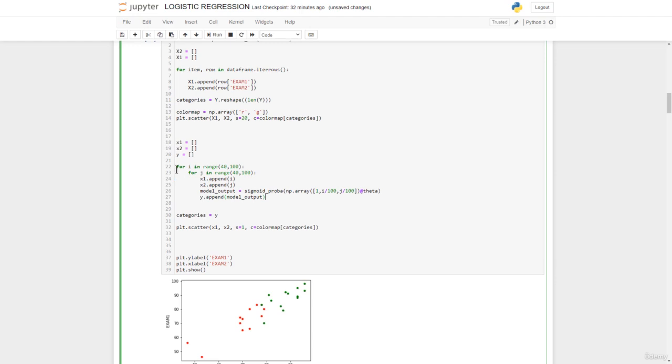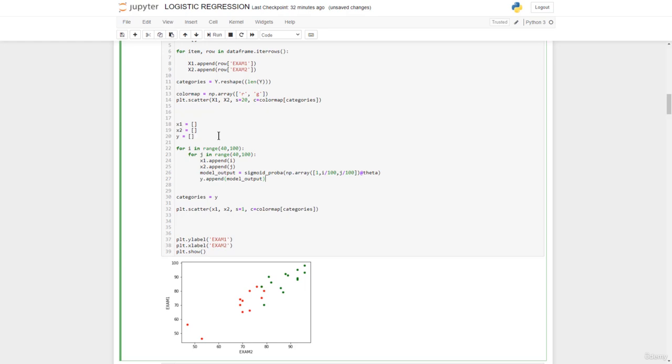So here we have for I in range 40 to 100 and for J in range 40 to 100, we have x1, which takes in I, and x2 takes in J. So we're considering that we're having this I, for example, to be the exam 2 mark, and then the J exam 1 mark, and then we put this into our model and then get some results.